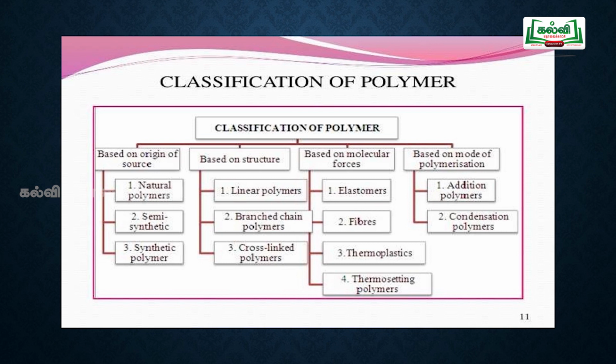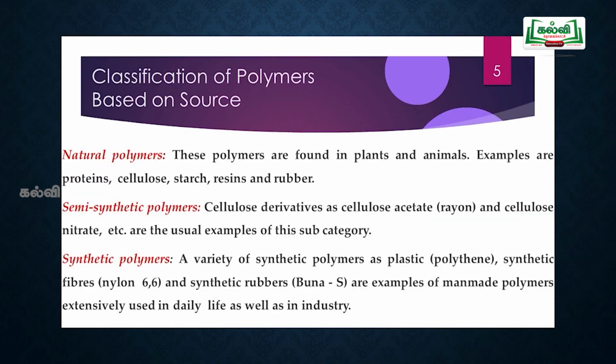So students, remembering the examples of each classification is very important. Mostly in the NEET examination, they ask questions based on examples of different kinds of polymers. So examples are very important. You should remember the example for each and every category. First, let us see classification based on source. What is that classification based on source?